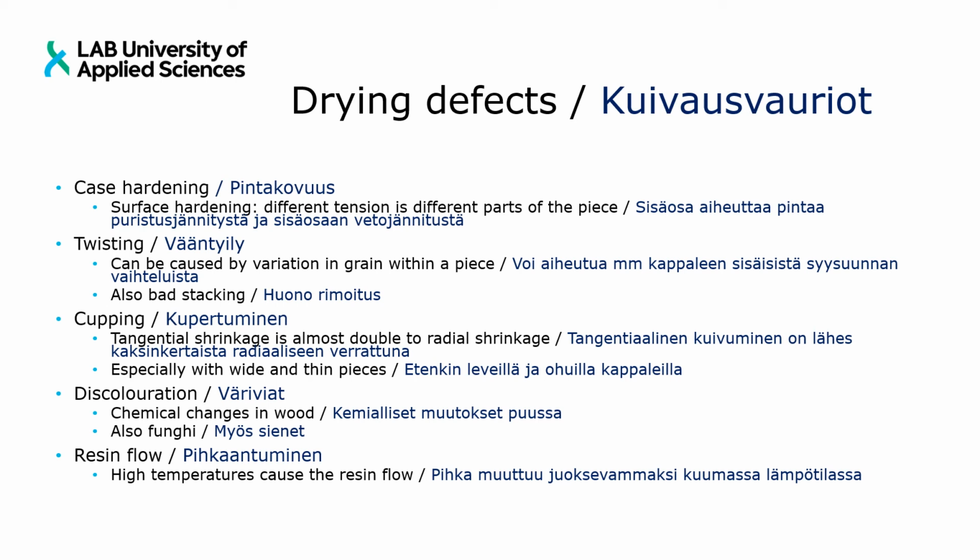Furthermore, and this is now especially with pine, redwood, you have the resin flow. If the temperatures are high, then the resin starts to flow. For instance, if you are in the sauna and you have pine paneling there, you will notice that in the high temperatures, the resin will start flowing from the knots. And also, if it is very resinous timber, also from other parts of it.